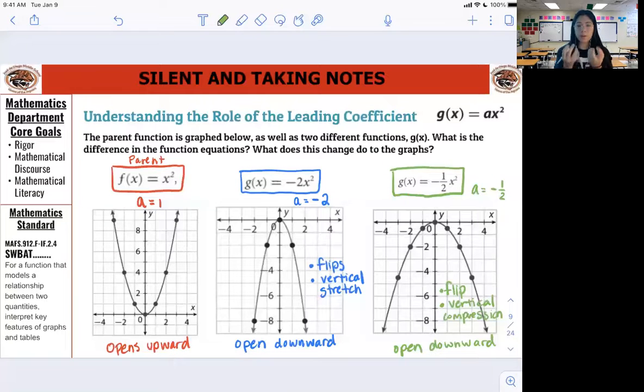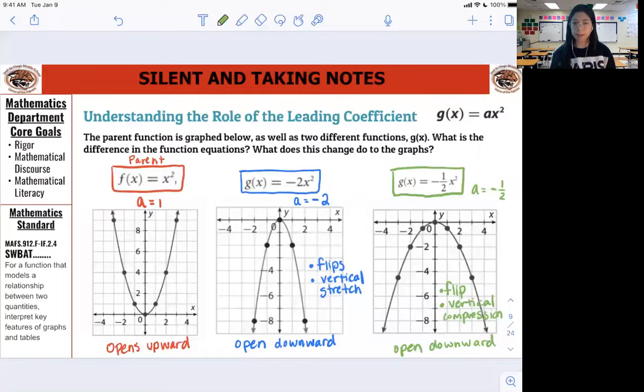The actual value still does the same thing. So if I have a 2, even if it's negative, it gets stretched. And if I have a 1/2, even if it's negative, it's still going to make it a compression. So that's something that sometimes gets a little confusing, but I just want to make it very clear.